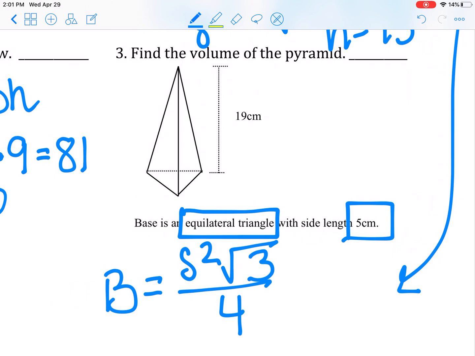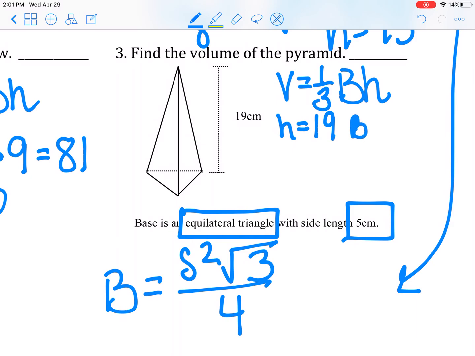Otherwise, let's get started. Volume is equal to our 1/3 area of the base times the height. The height is already given at 19. We just have to find the area of the base. So let's use this formula right down here and plug in that 5.